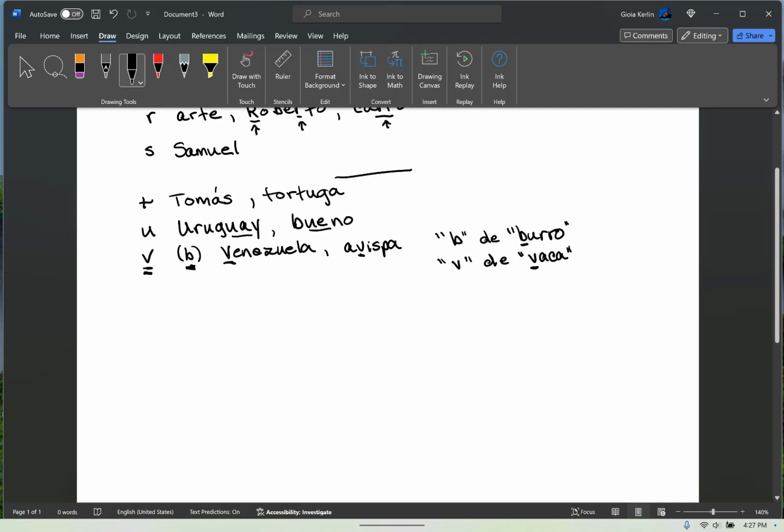Okay, the next letter actually has 4 different names. Go ahead and just use one of the names in the book. You can call it doble U, doble V, you can say uve doble or doble ve.